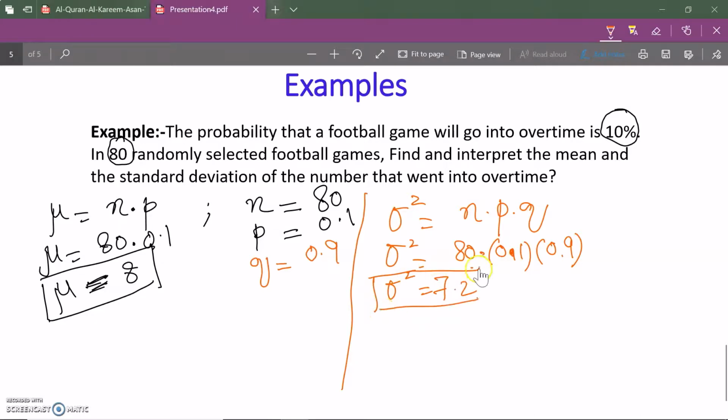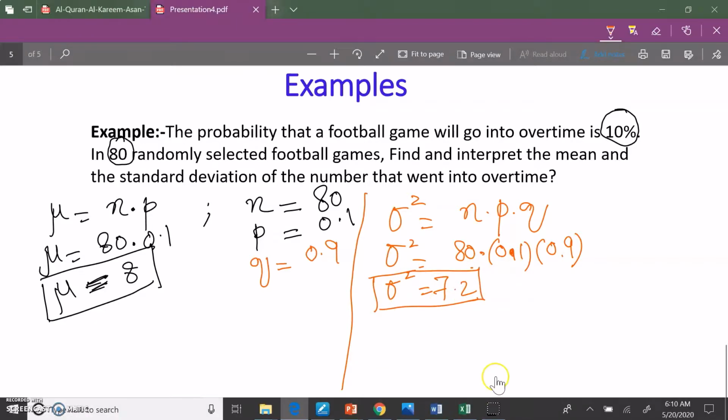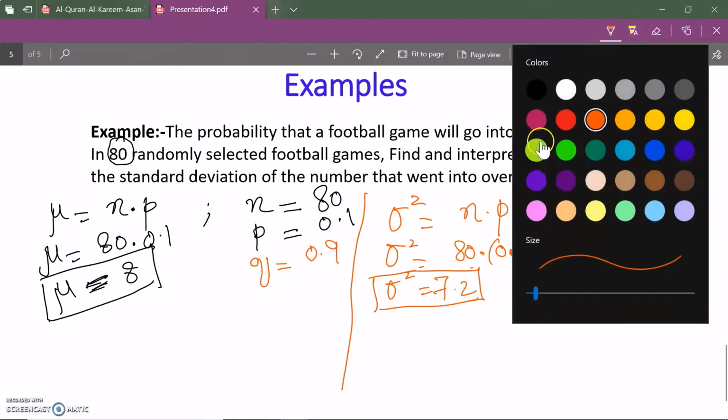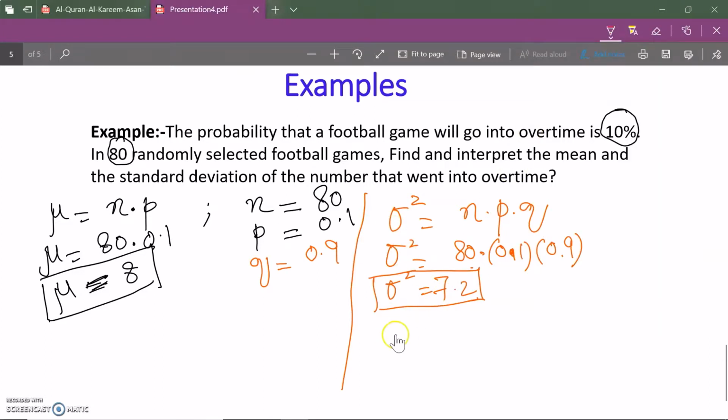So we have found the mean and the variance. Now, what is the standard deviation? Standard deviation is the square root of the variance. So you have sigma squared, and you take the square root of n times p times q. It means just take the square root of 7.2.